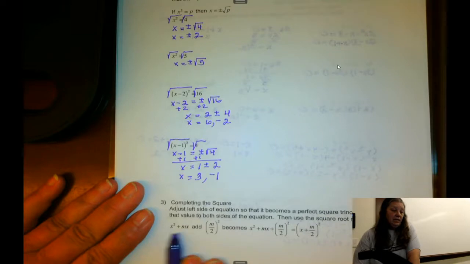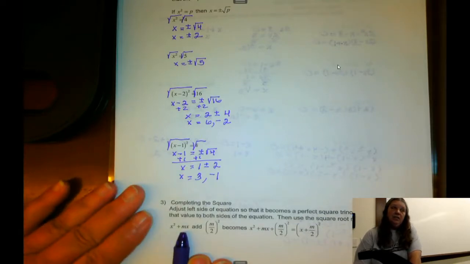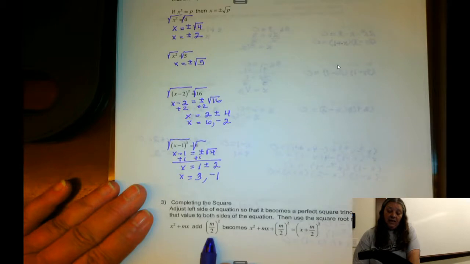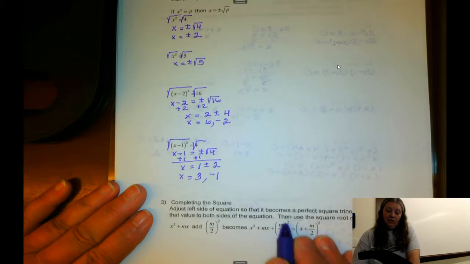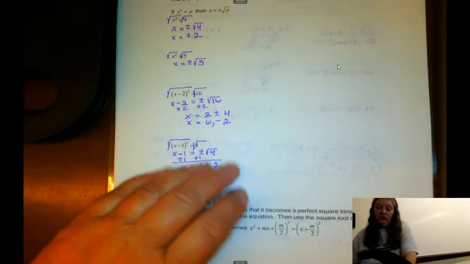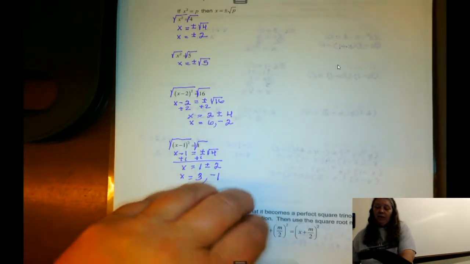So if we have x squared plus mx and we want to make it a perfect square, we're going to add the coefficient of the first degree term divided by 2 squared. So it becomes x squared plus mx plus m over 2 squared, which factors to be x plus m over 2 quantity squared.